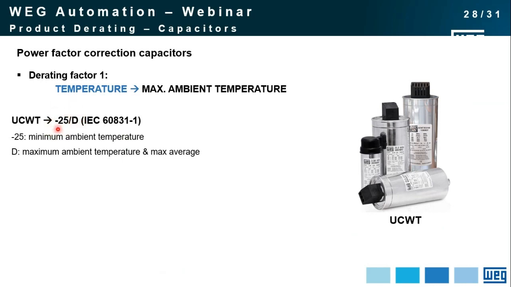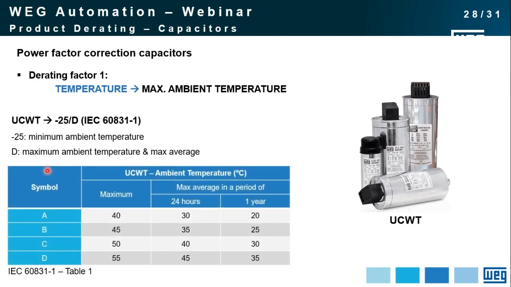First, we have a number that represents the minimum ambient temperature that this product, in this case the UCWT, a three-phase power capacitor, can withstand: minus 25 degrees Celsius. And the second part, the letter, represents the maximum ambient temperature and maximum average temperature it can withstand during a period.